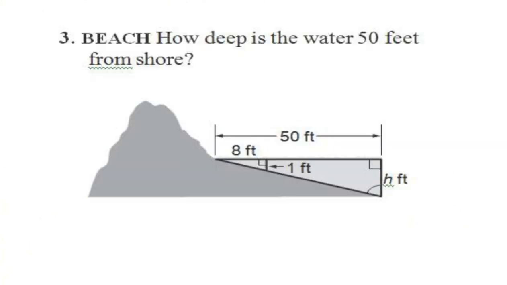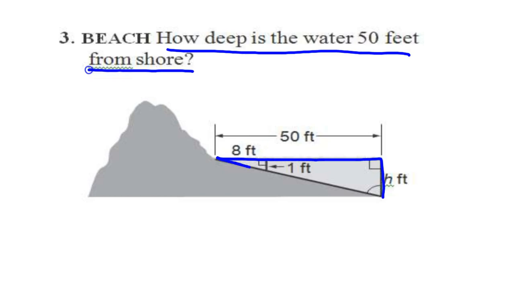Now we're going to use that information to help us find our missing sides of our triangles. So this is a beach. How deep is the water? 50 feet from the shore. So you'll notice here with my picture, I actually have two triangles. I have a large one, and I have a smaller one that's inside.